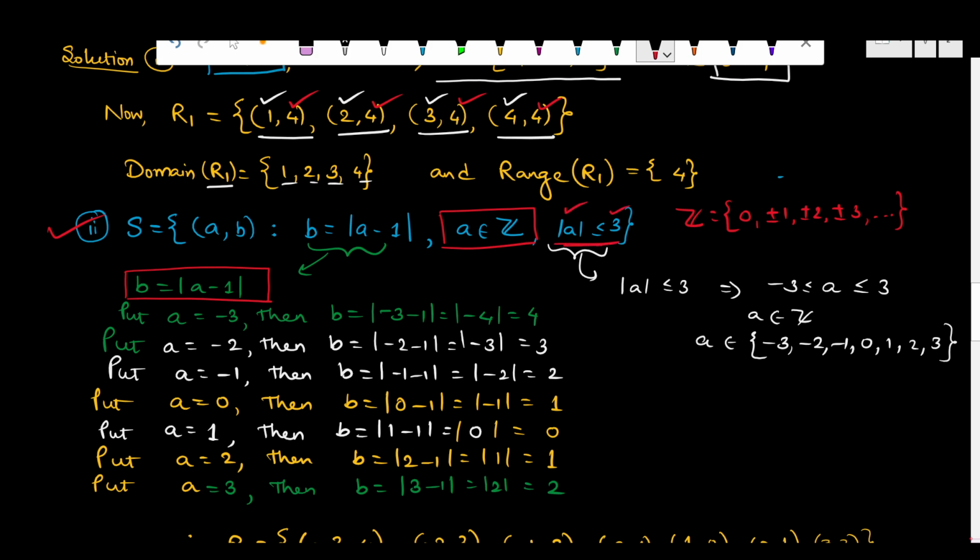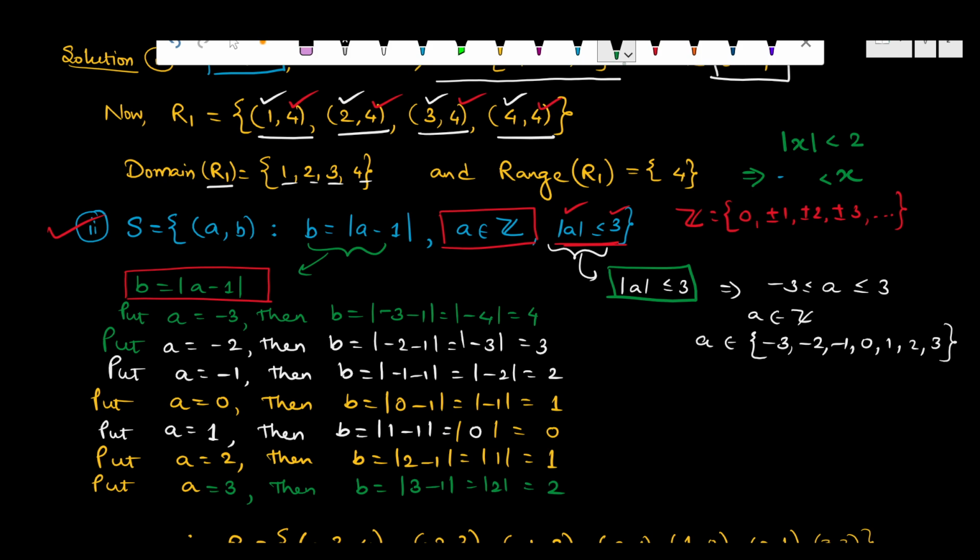What does this line mean? This means that a lies from minus 3 to 3. If you have mod x less than 2, this will always imply that x lies between minus 2 and 2. Similarly, suppose mod b less than 5, so b lies from -5 to +5, right?